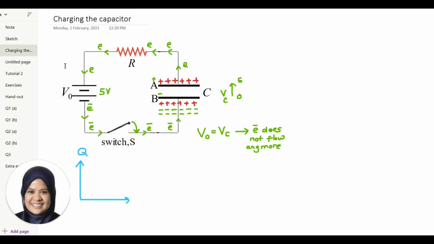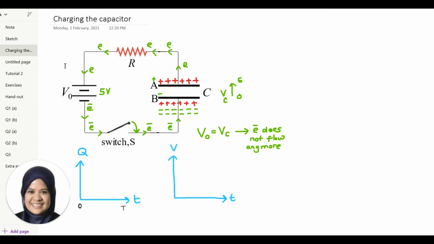Graf Q merujuk kepada charge. What charge? Charge yang accumulated in the capacitor. Charge yang terkumpul pada capacitor, daripada zero tadi, saya close the switch ataupun make the circuit complete sehinggalah pada masa T, katakan, okey, apa yang berlaku?